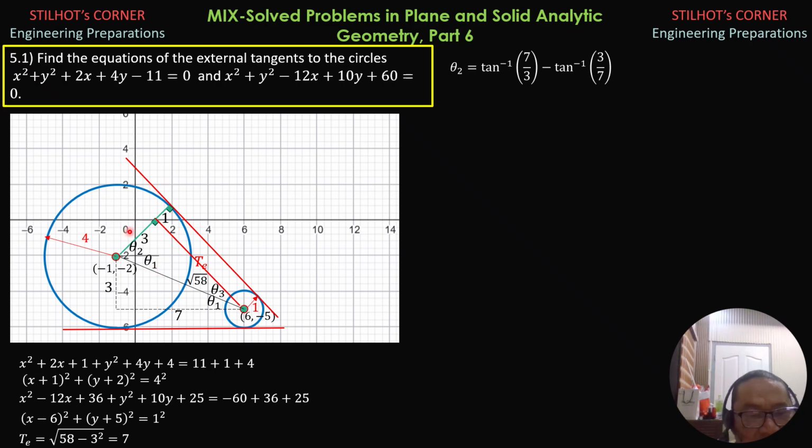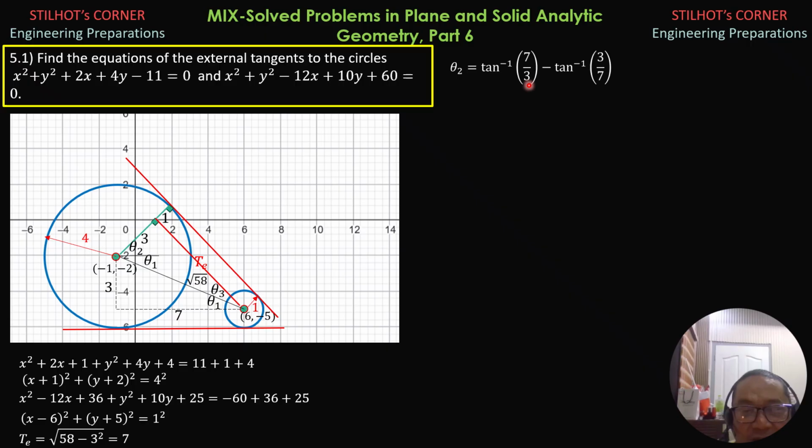So this is the whole angle, inverse tangent of 7 over 3, then minus theta 1, which is equal to this, inverse tangent of 3 over 7. So expanding, taking tangent both sides, tangent theta 2 is, remember, these are angles.